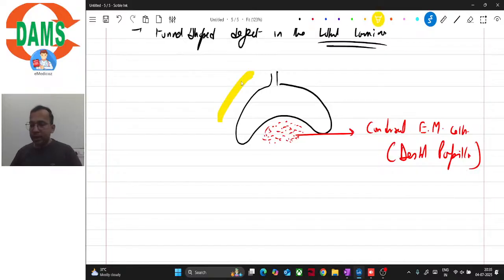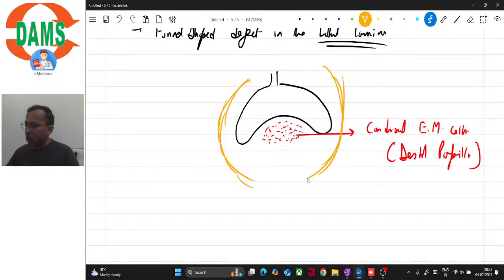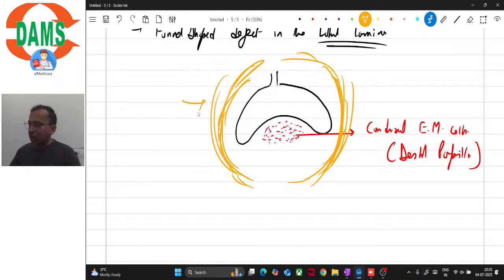Also, cells will start to condense around the enamel organ, isn't it? So these cells that condense around the enamel organ are basically fibrocellular and vascular. So there are blood vessels, there are fibers, there are cells. This structure, which is fibrocellular and vascular, is known as dental follicle, right?